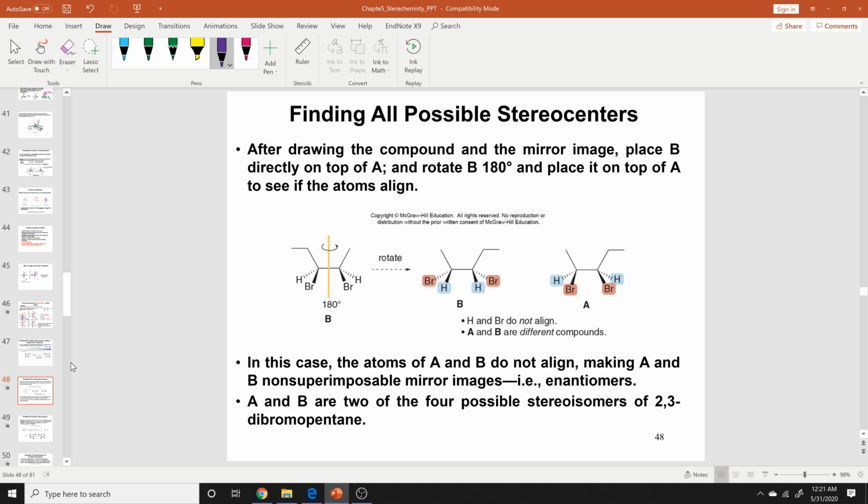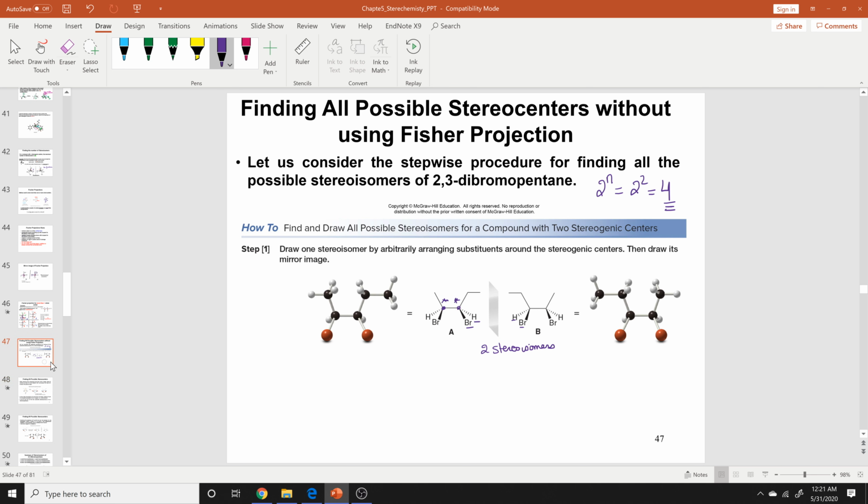In this case, they definitely don't align because I have two chiral centers in there. So A and B are non-superimposable. This means that they are mirror images. Again, whenever you draw your 3D geometry, if you want to check your enantiomers to see if they align or not, all you need to do is simply rotate 180 degrees, take A, put it on top of B, or take B, put it on top of A, and see if the bonds align.